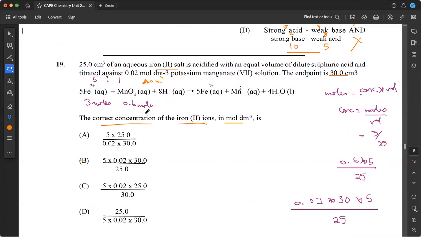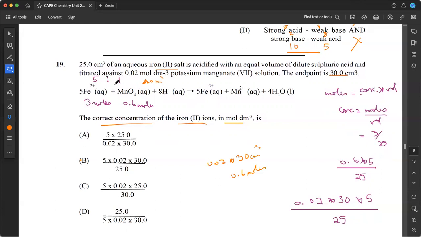And so we could do 0.02, so that's concentration, times volume, which was 30, right? cm cubed. And so we know that that would give us what? 0.6, right? 0.6 moles of KMnO4.